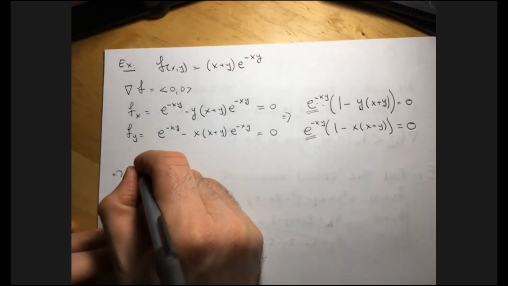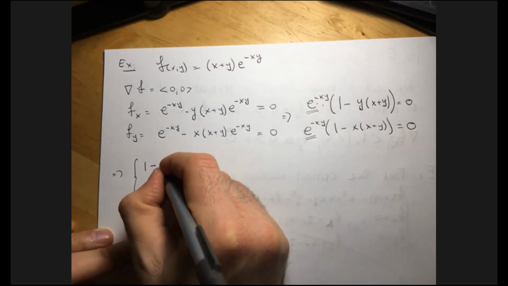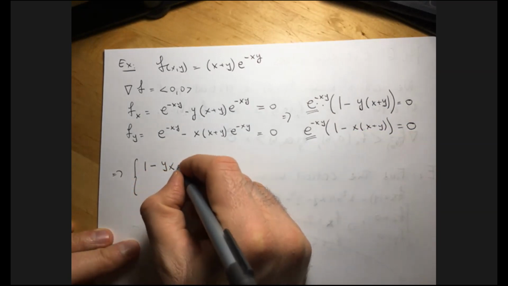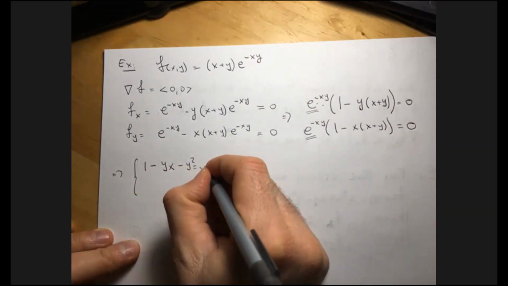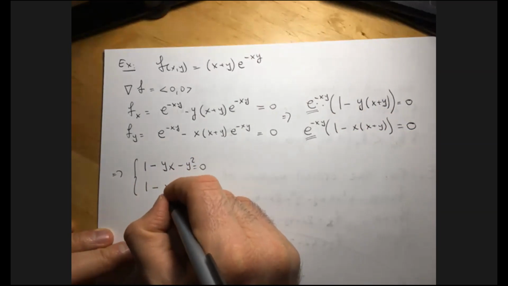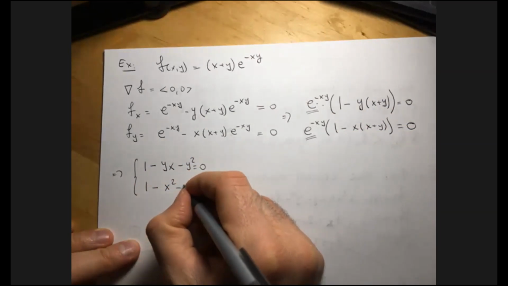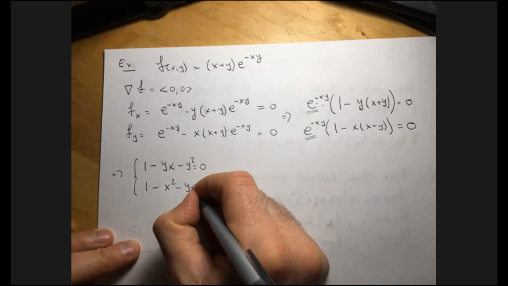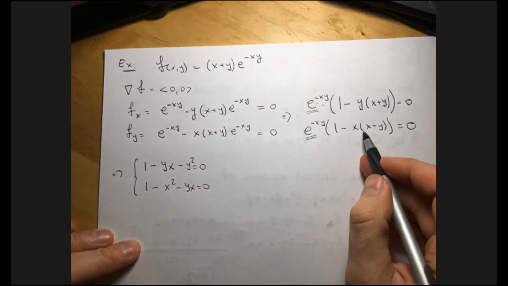That leaves me with the system of equations: 1 minus yx minus y squared is 0, and 1 minus x squared minus yx is equal to 0, by dropping the parentheses.